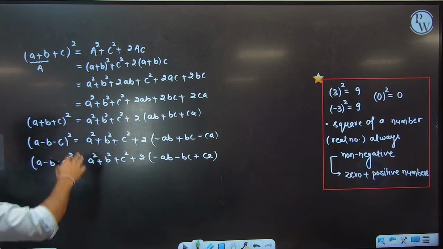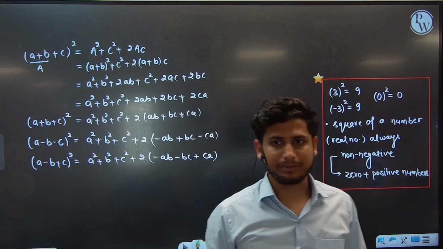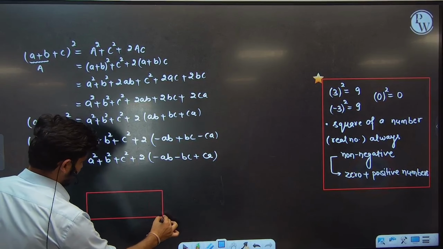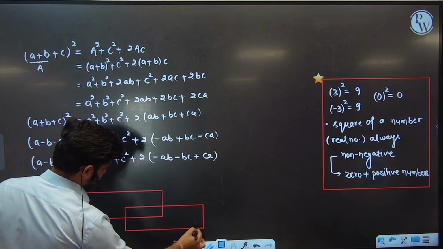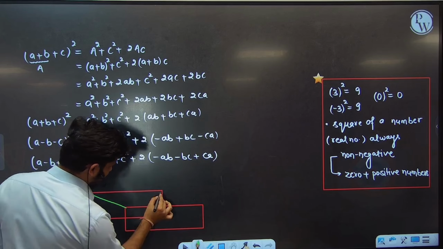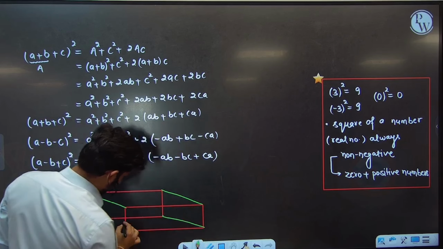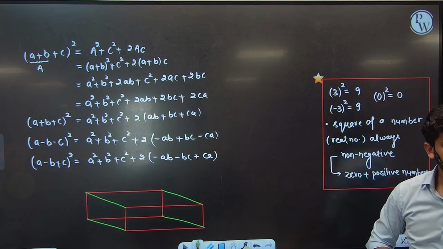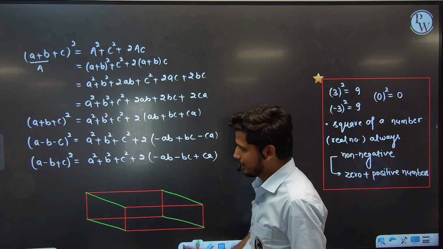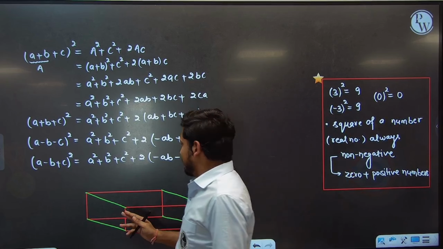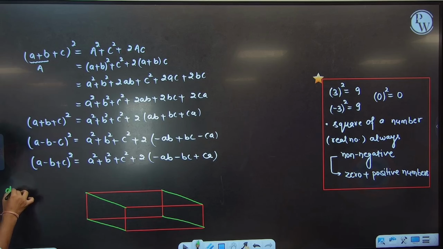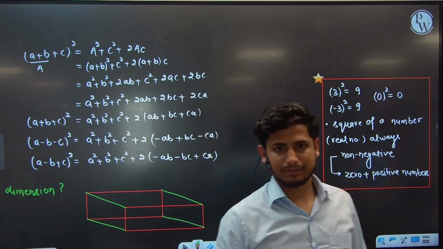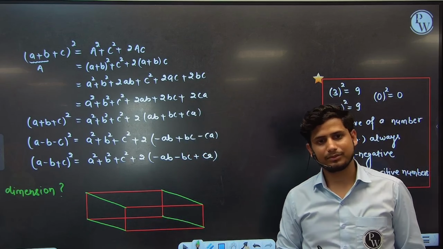So this is the expression of (a plus b plus c) whole square. Now tell me, what is this? This is a cuboid. Do you know the word dimension? Tell me, what is dimension?